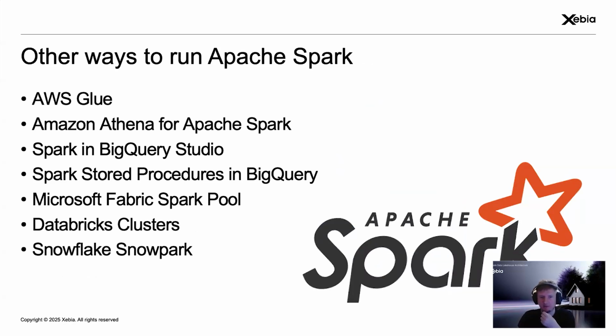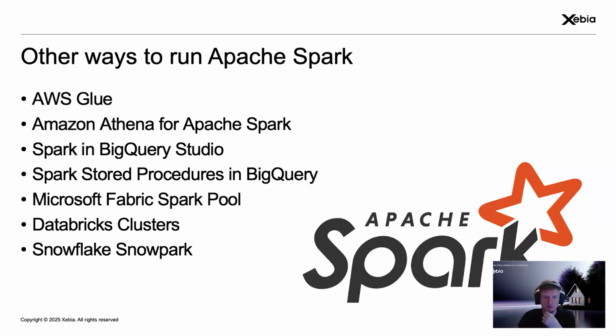But if you prefer working with Apache Spark and using the DataFrame API, apart from big data distributions, of course, we have many additional services allowing us to work with Apache Spark. For example, we have AWS Glue. This is a managed serverless ETL service. We have Amazon Athena for interactive analytics with Apache Spark.